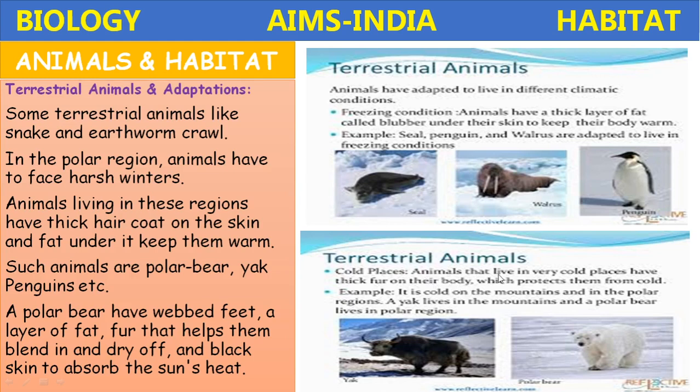Animals that live in very cold places have thick fur. Example, polar bear. That fur protects them from cold. It is cold on the mountains and in the polar region. A yak lives in the mountains and a polar bear lives in the polar region. So these animals are adapted to live in those cold conditions.